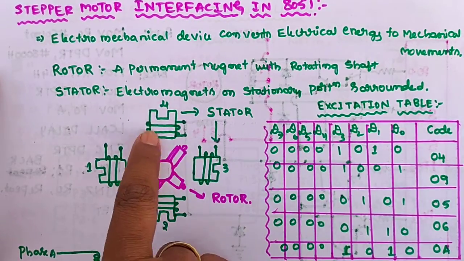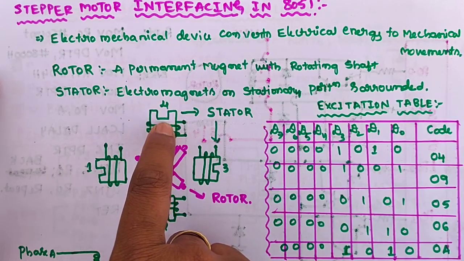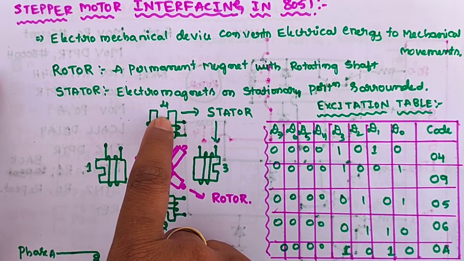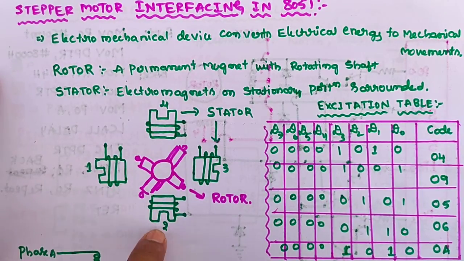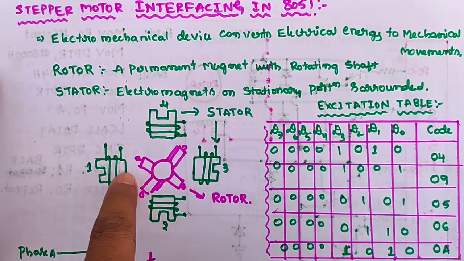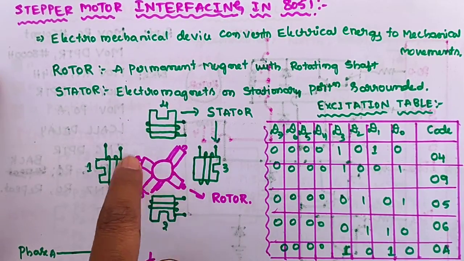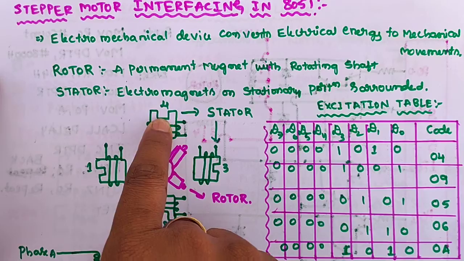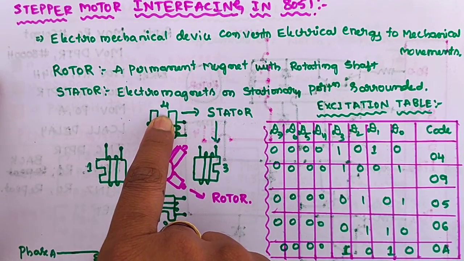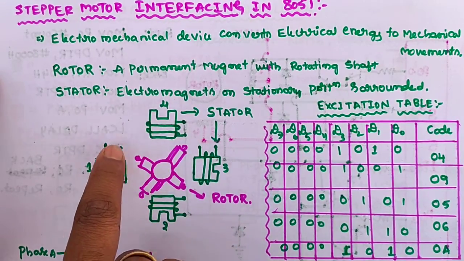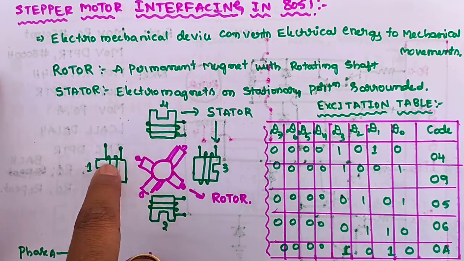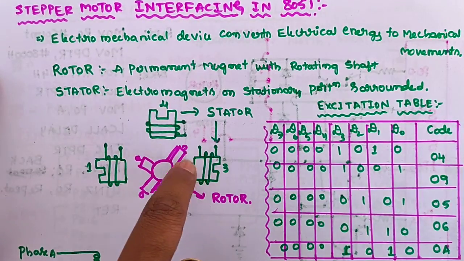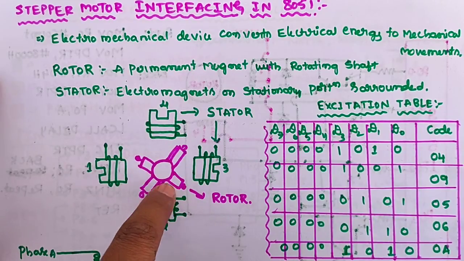So by applying the electrical pulse to electromagnet 4 and the opposite electromagnet 2, we get continuous rotation. After applying the pulse to this magnet, we apply the electrical pulse to another electromagnet. Continuously we need to supply the electrical pulse to the electromagnets to make the rotor rotate one complete rotation.